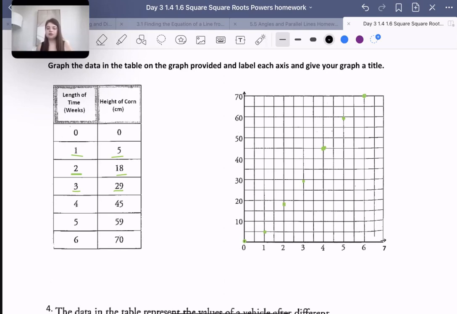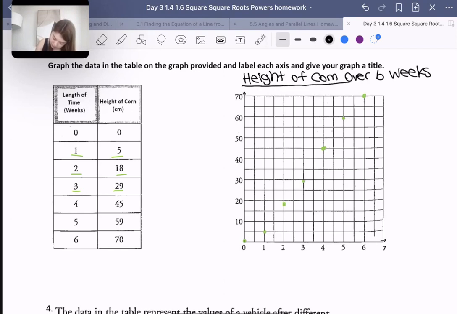So I'm going to call it height of corn over 6 weeks. But as long as your title is relevant, then that's the main thing. Make sure your title is relevant to what the graph's purpose is.